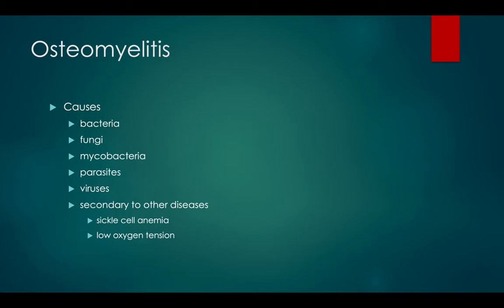All different types of infections can occur within the bone. Like we talked about, anything that affects blood flow to the bone can cause an increased risk of osteomyelitis. This can include sickle cell anemia and low oxygen tensions in the blood.